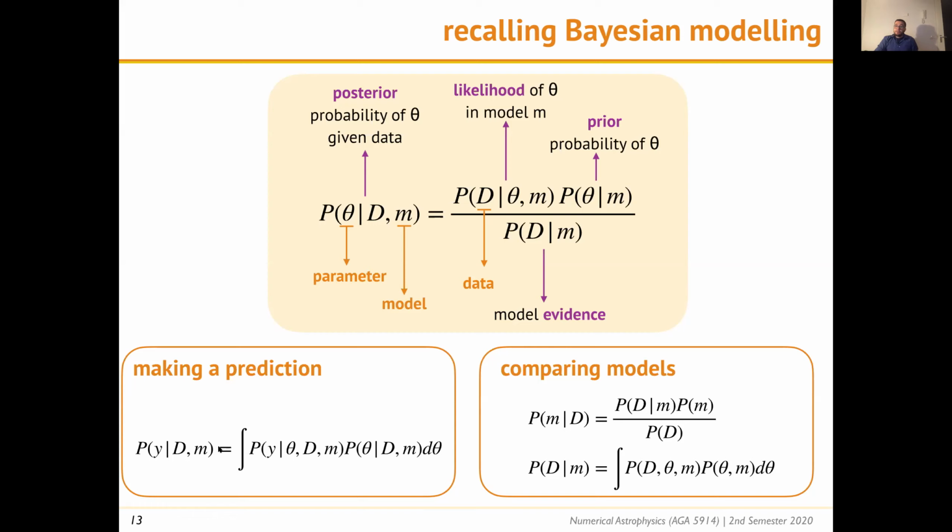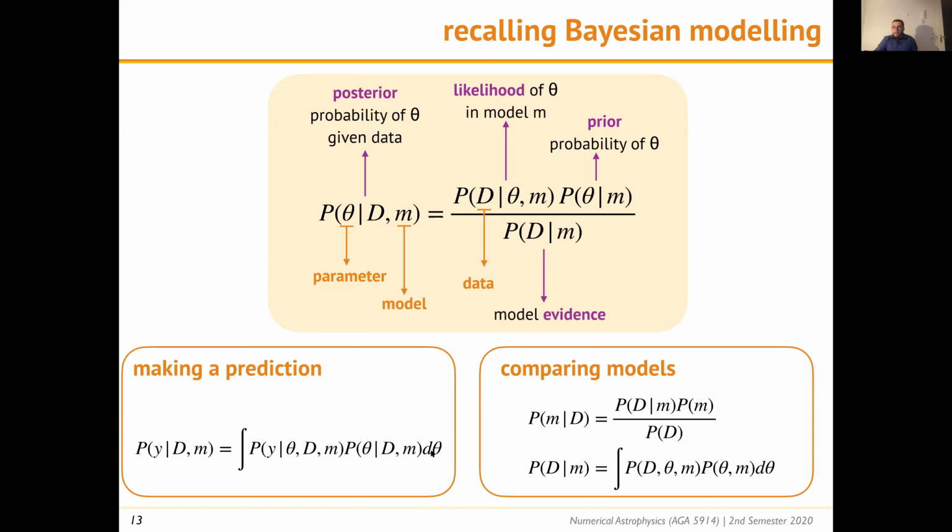When we want to make predictions, for example, related to something that we call y here, we just integrate y given theta, D, and M. So we just integrate over all theta, so over all possible parameters. That's how we make predictions.